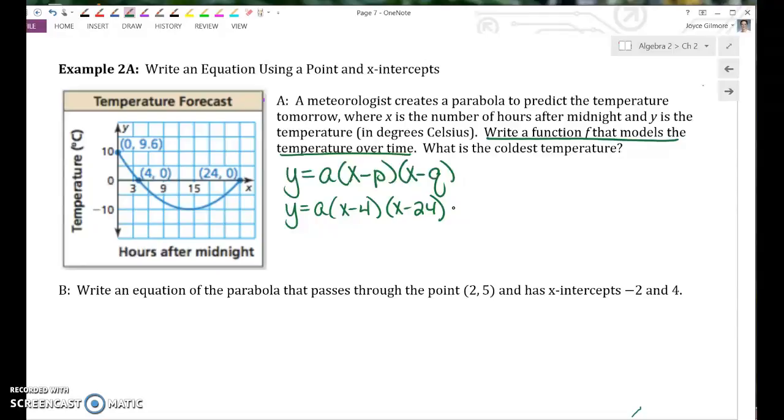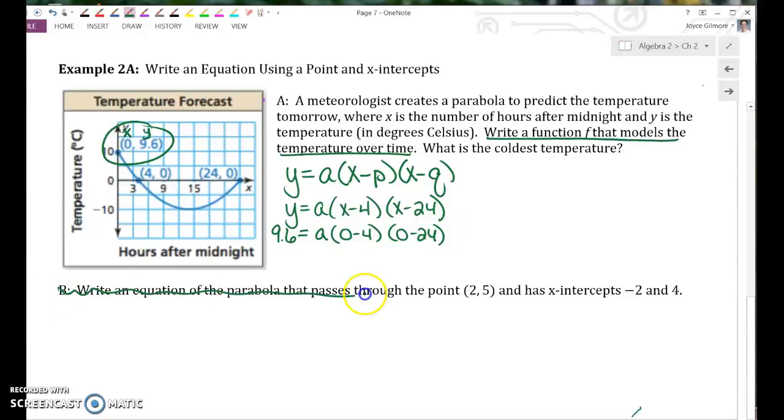We want to figure out what a is. So this other point is an x and y combination that works in this parabola. So we're going to put 0 in place of each of these x's. Leave the a in there because that's what we're trying to figure out. And 9.6 is the corresponding y value.